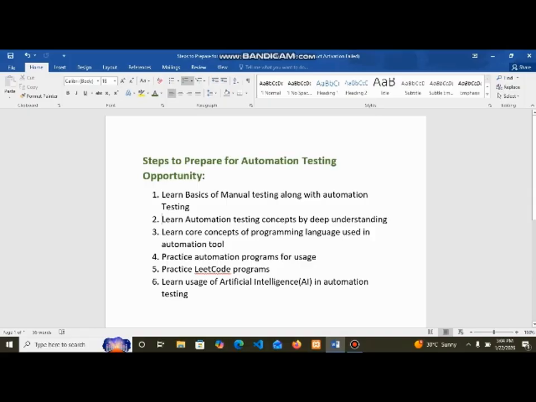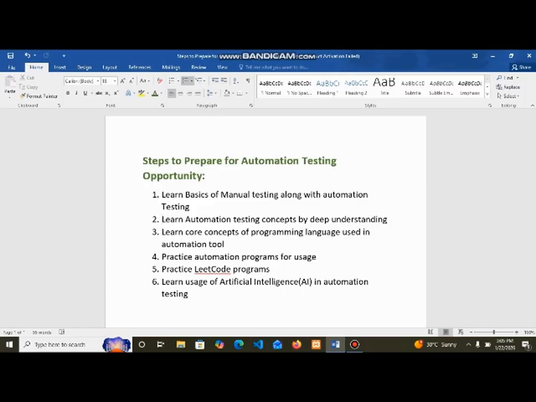So whenever the questions will be asked related to framework, it is better to understand how the framework will be started, how the TestNG annotations will be used as part of the framework, and what is the suite, and how the priorities of the TestNG will be used in the framework.